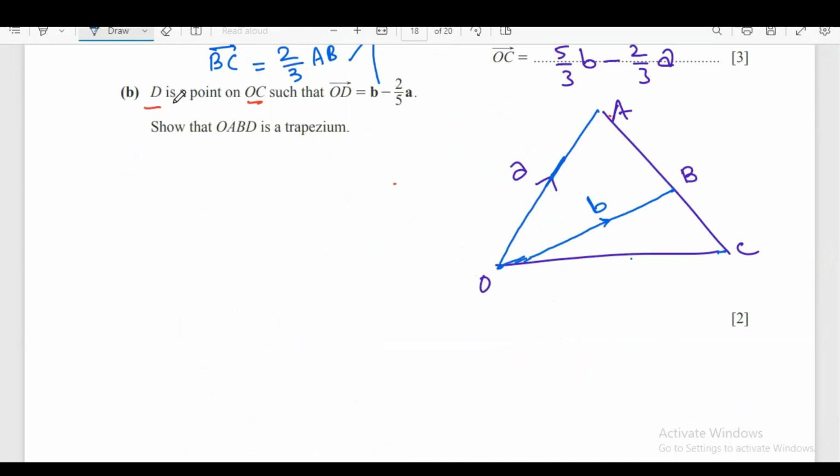Now, D is a point on OC such that OD equals b minus 2/5 a. Show that OABD is a trapezium. So first mark point D on the line OC.